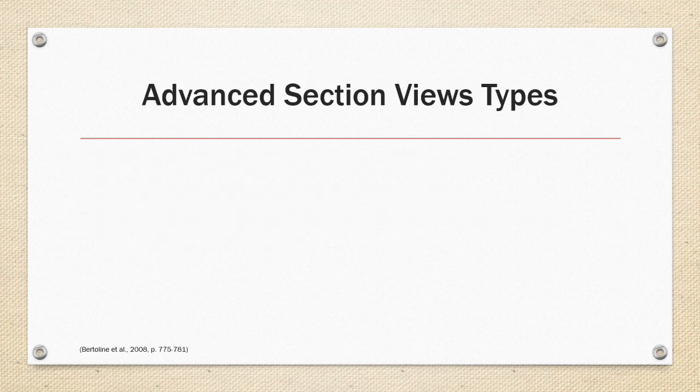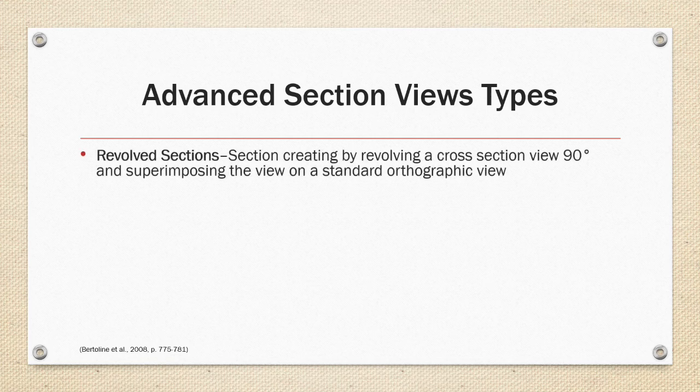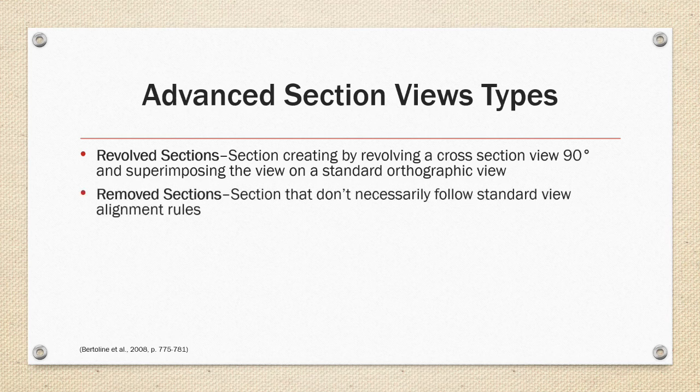In this lecture, we're going to be covering advanced section view types. Revolved sections, which are created by revolving a cross-section view 90 degrees and superimposing the view on a standard orthographic view. Removed sections that don't necessarily follow standard projection rules.